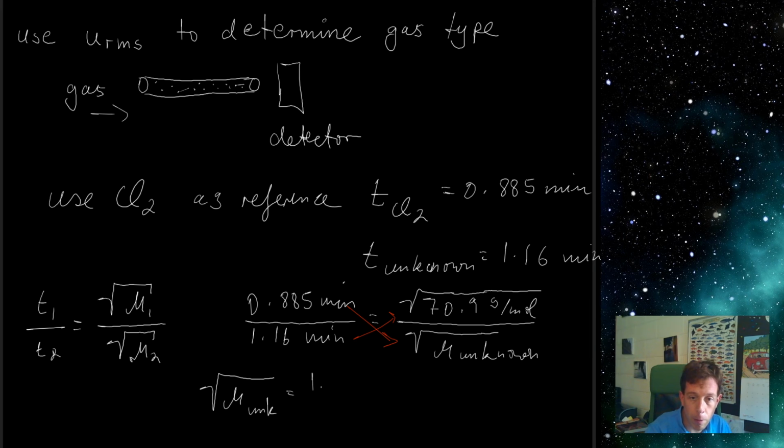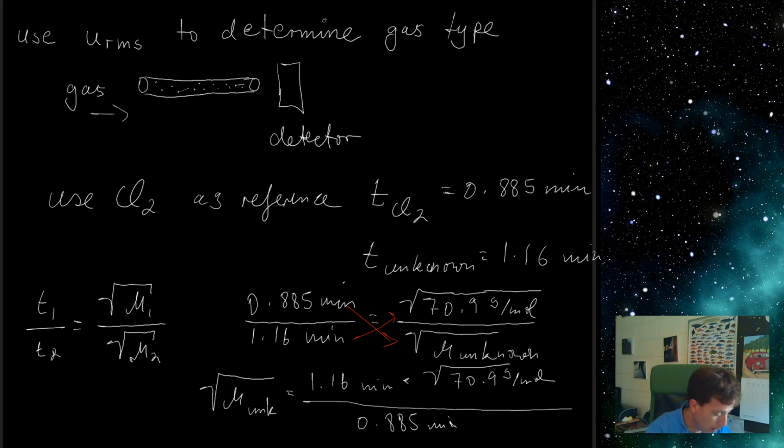We have 1.16 minutes times the square root of 70.9 grams per mole over 0.885 minutes, and the minutes cancel out.